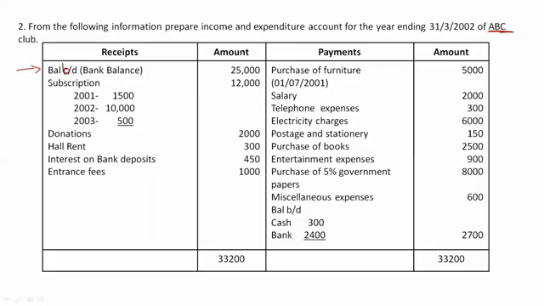This bank balance is my asset, so when I prepare balance sheet, I will take asset there. All assets and liabilities, we know that they should be taken in the balance sheet, right? In income and expenditure account, we'll only take the incomes and expenses. Clear?